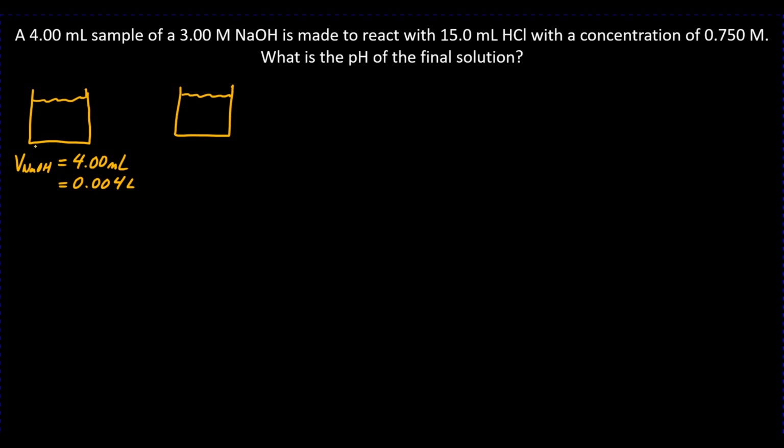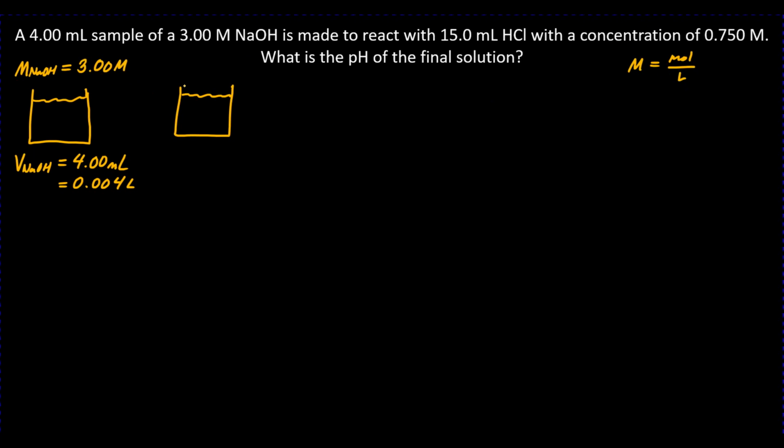Now, the concentration of the sodium hydroxide base is 3 molarity. Take note that the units for molarity is mole per liter. This is also important for our computation later.